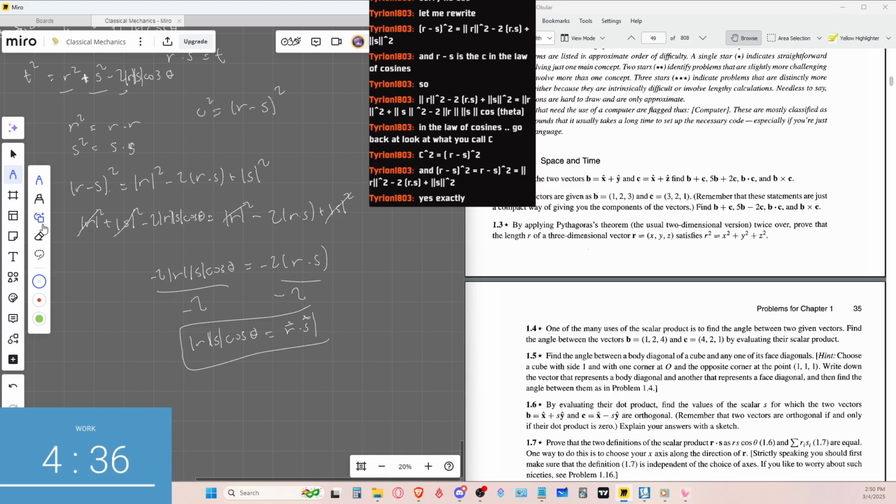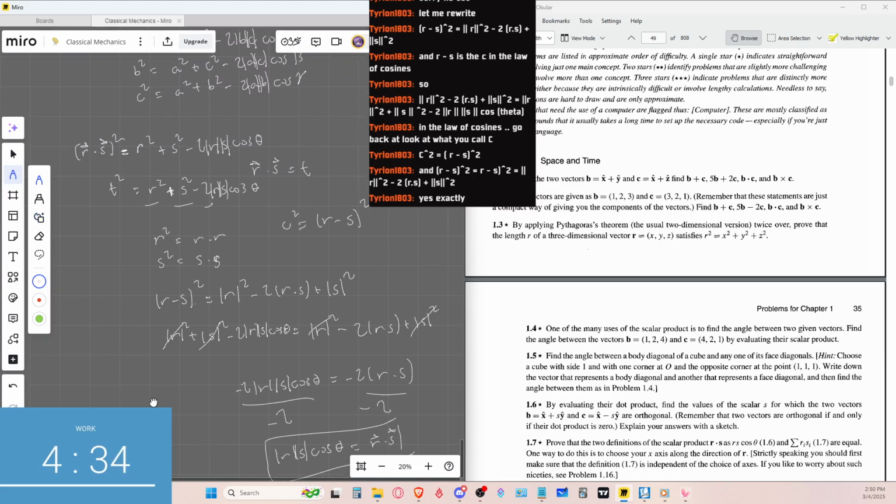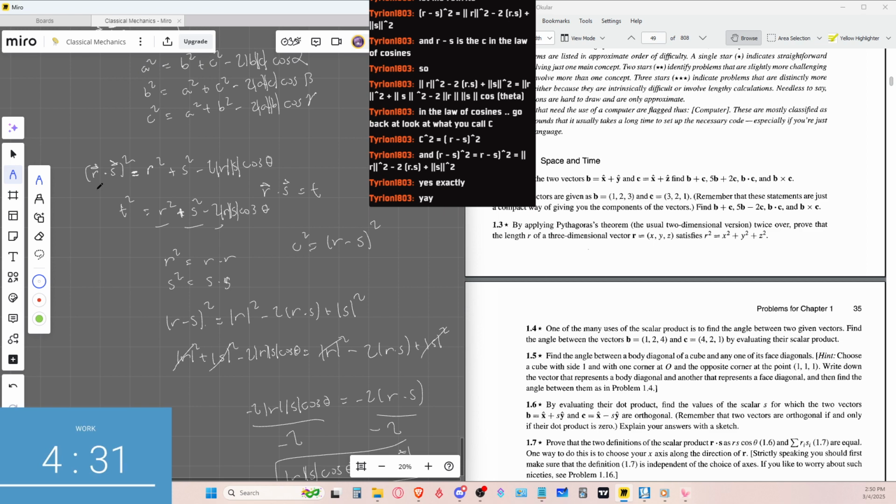Okay, so where was I getting stuck with this? I think I was getting stuck with how to classify this product. So C minus S squared. So let's see, if R dot R is R squared, and if this is S squared, then now I gotta figure out where this comes from.